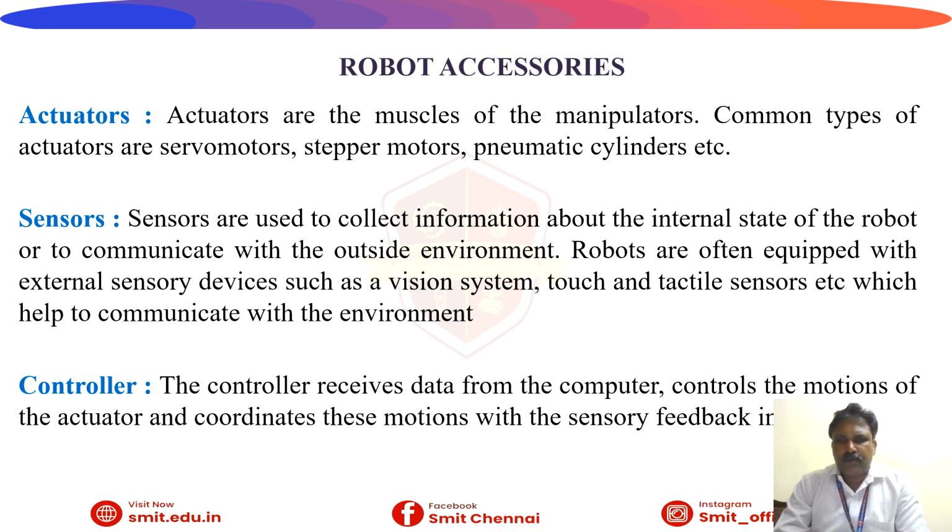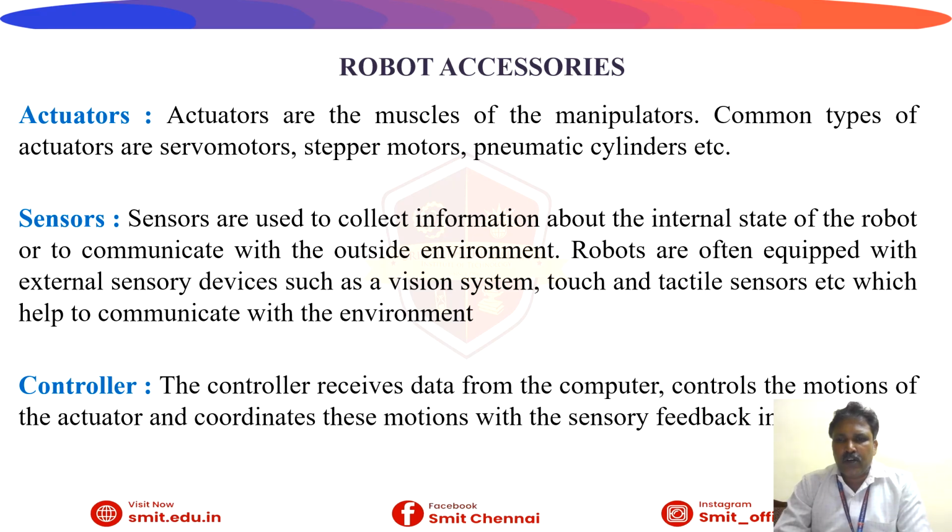It will sense the object and any obstacles, identify them and give feedback. Robots are often equipped with external sensory devices such as vision systems and touch and tactile sensors, which help to communicate with the environment. Various sensors we will also study in the upcoming units.